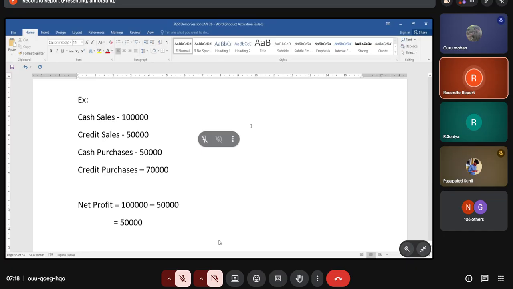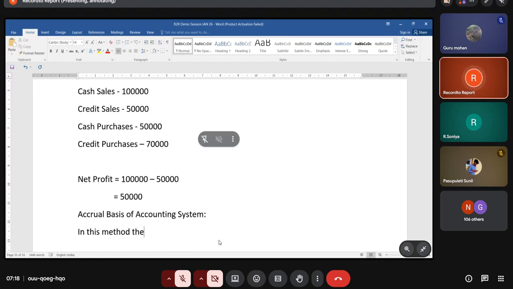So to eradicate and recover from these problems, a new concept was introduced, called the accrual basis of accounting system.